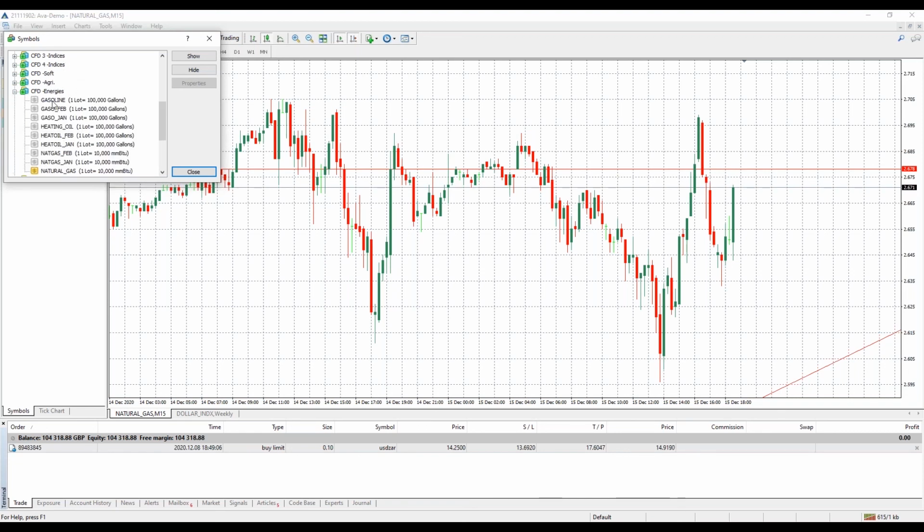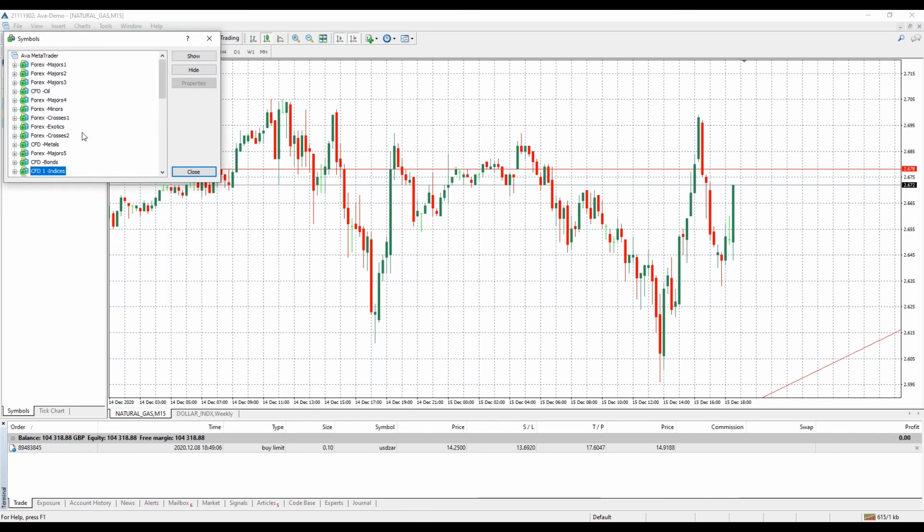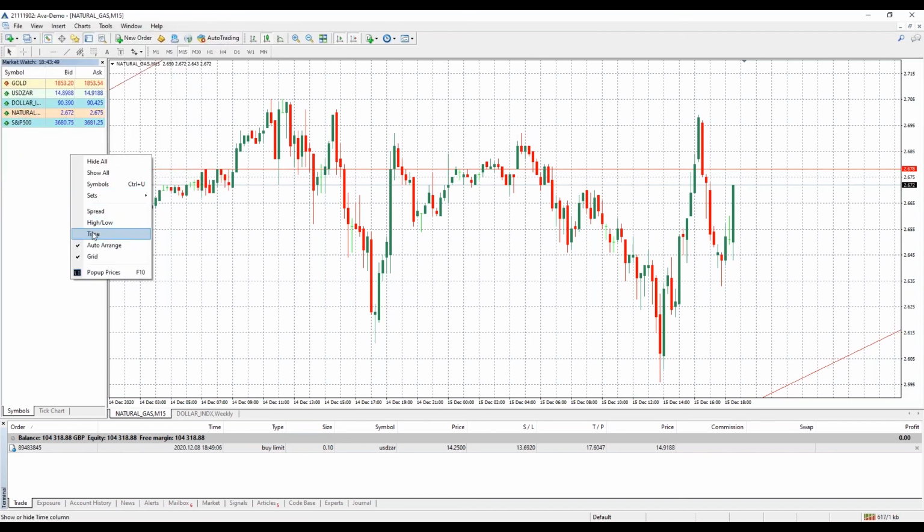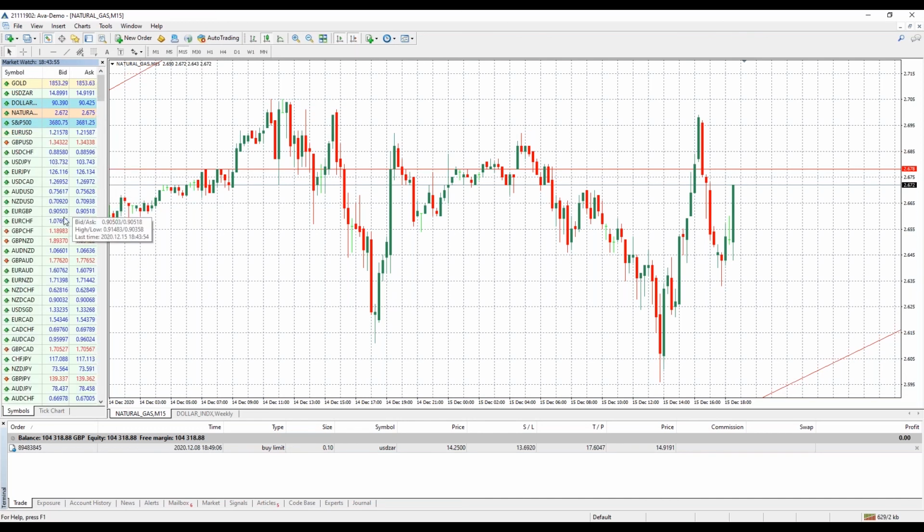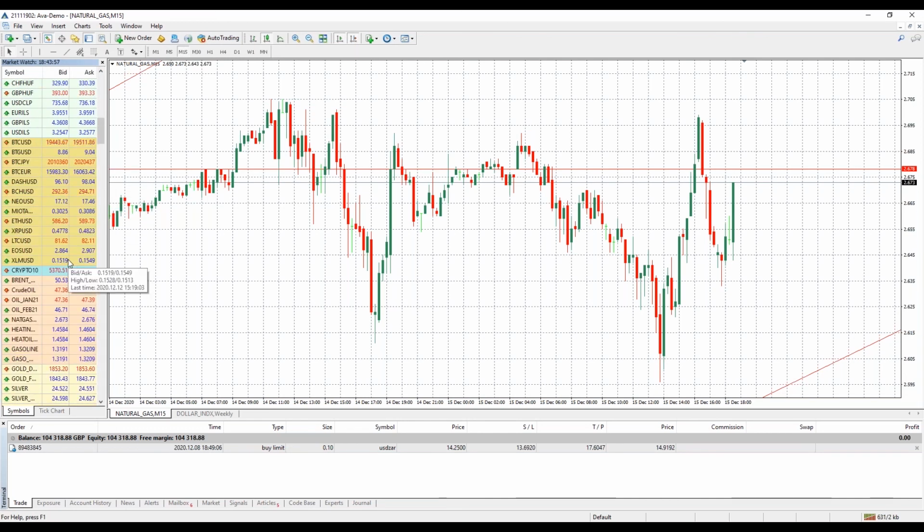No, it's the same one. Why am I not seeing it? Let's look up higher. Here, this is an easier way. I'll do this. Show all. And there they all load. And we'll find our crude oil.